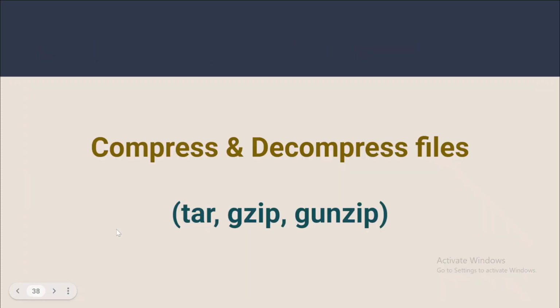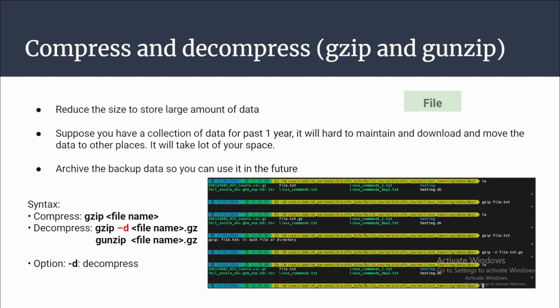Now coming to this part, how you can compress and decompress a file. So what is the use of compressing and decompressing files? For example, suppose you have a collection of data for the past 1 year.